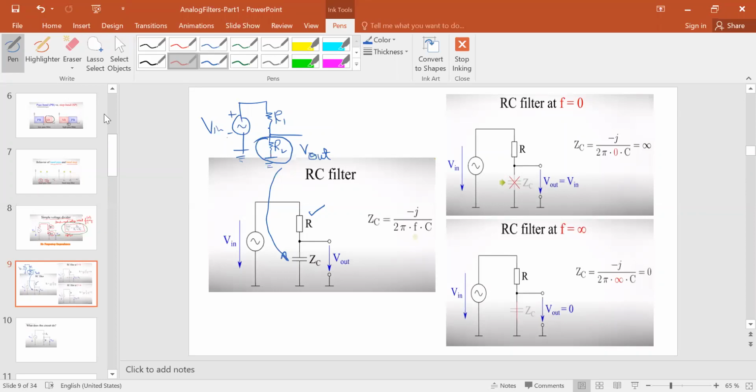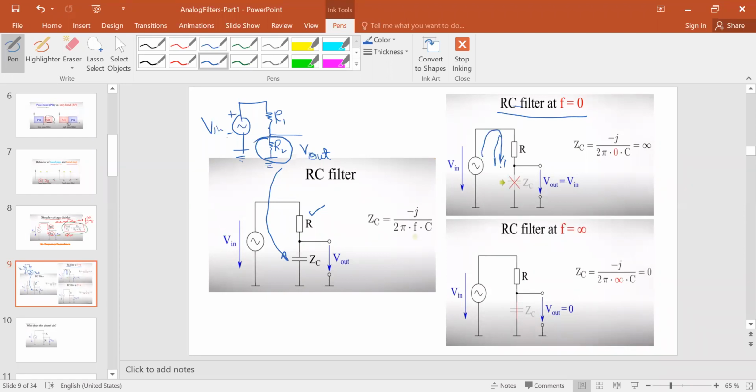For example, let's look at two extremes. In one extreme, say at frequency 0, the input signal that is coming, in the case of this voltage divider, is a current. The current is flowing in this way.